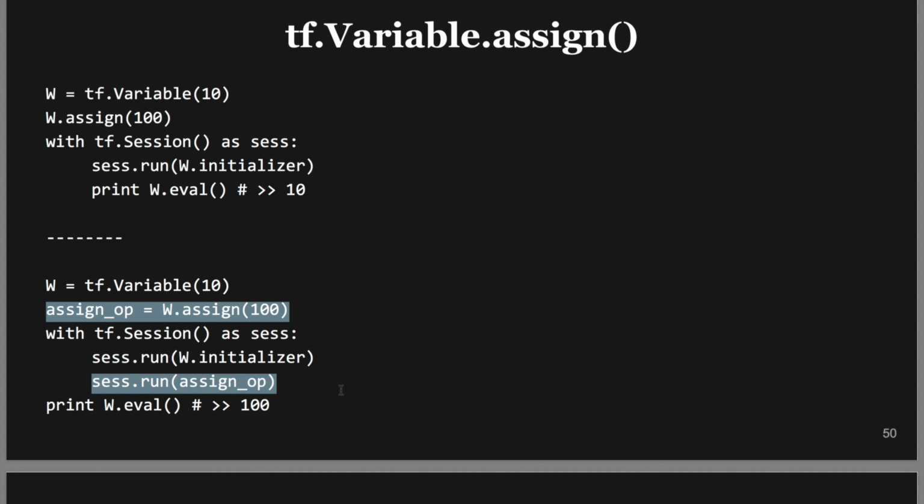Now, one of the things that we will see is that when you're assigning a value to a variable, it is okay if the variable has not been initialized before. So even if we did not run sess.run(w.initializer), but we ran sess.run(assign_op), that will do the right thing in initializing w and then assigning the value 100 to it.